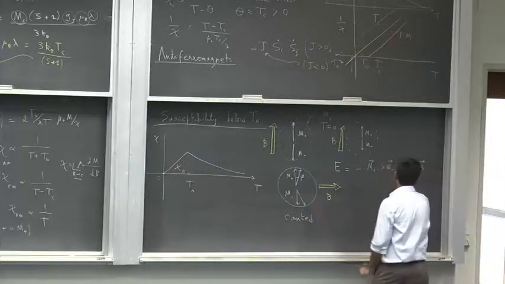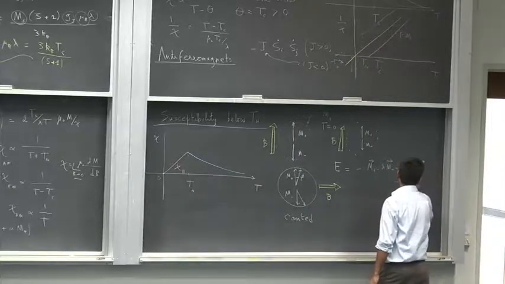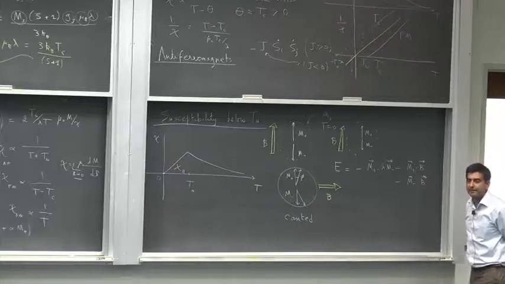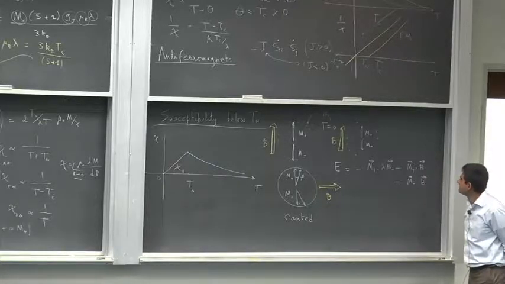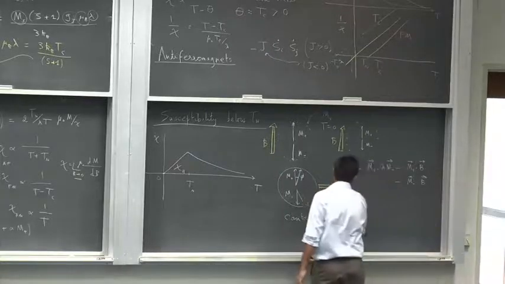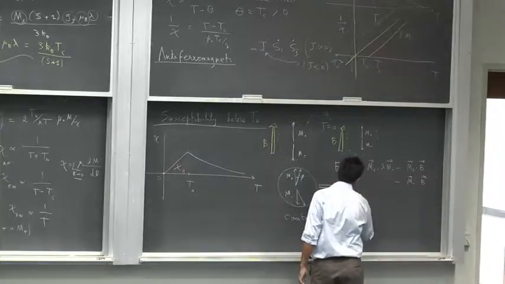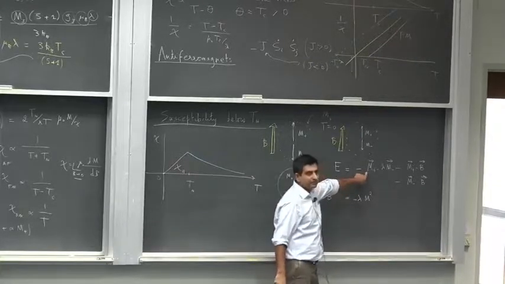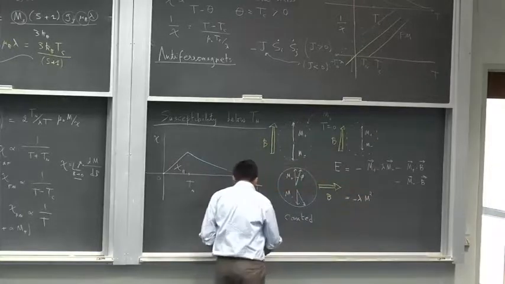Due to this, it's minus M minus B. Now this is minus lambda, let's call the magnitude M, so M square. What's the angle?